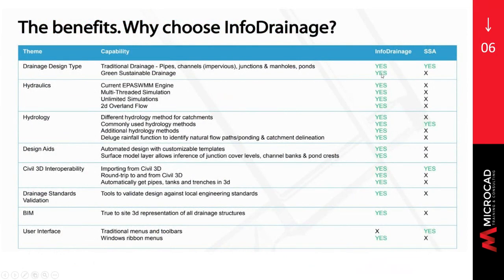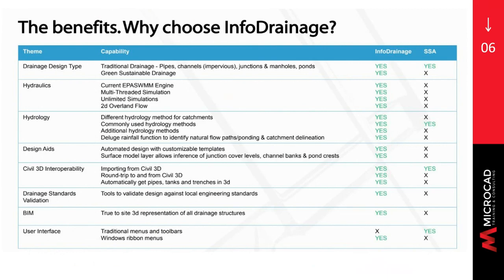Okay. Now we talk about hydraulics, running our drainage through pipes, etc. Well, the current EPA SWMM engine includes particulate removal and other green design calculations that have been added to the EPA SWMM.